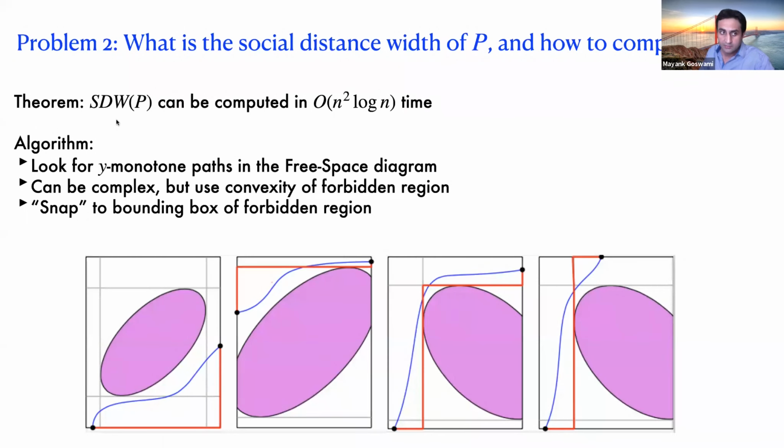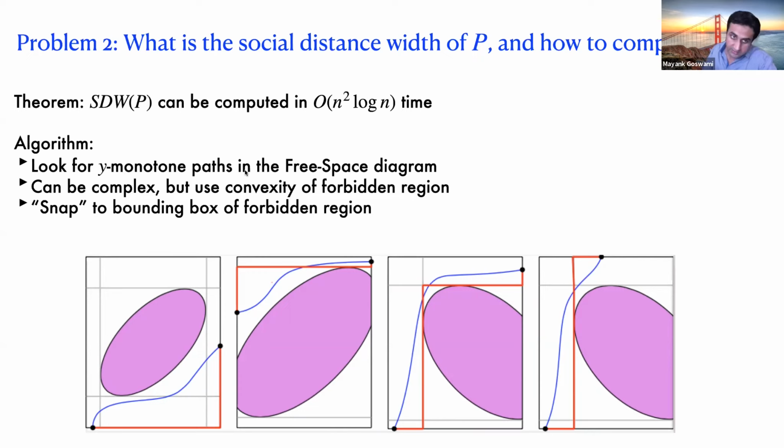The algorithm makes use of the free space diagram. It looks for a Y-monotone path. Y-monotone because red is not backtracking. Red is going clockwise with unit speed, but blue is allowed to backtrack.